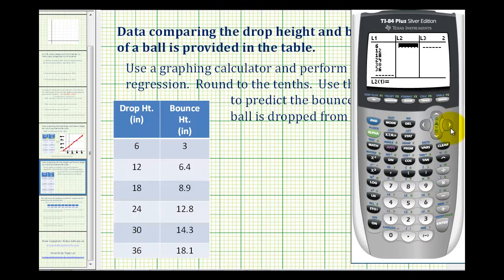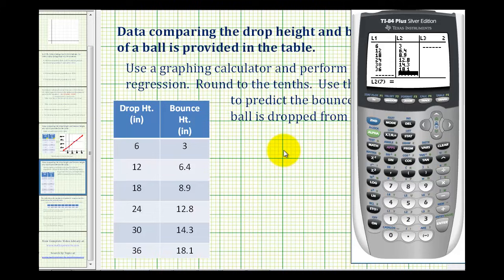Now we'll enter the second column of the y values. It is important that we double check these values because if one of them is off, the equation will be off as well.